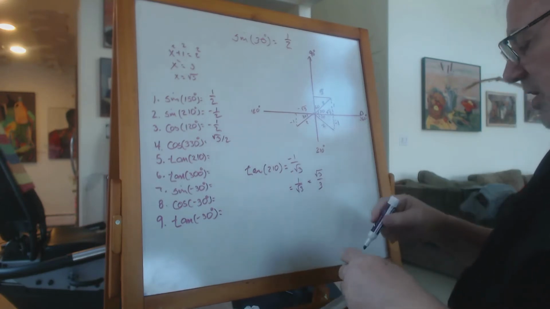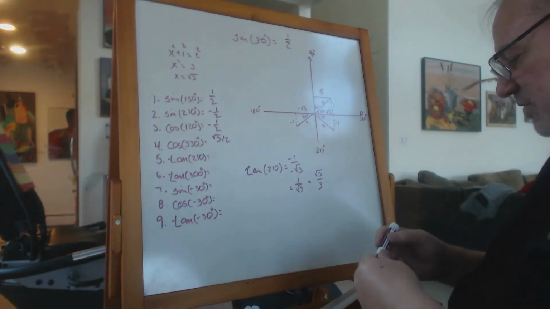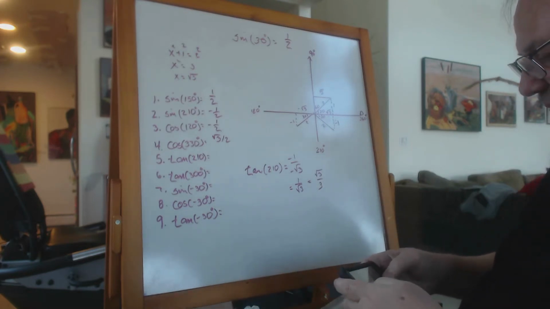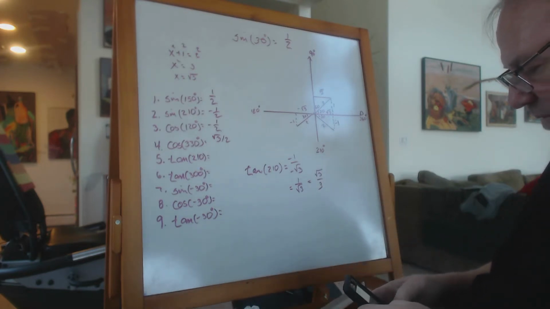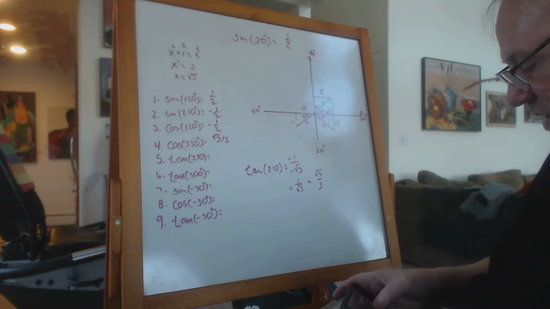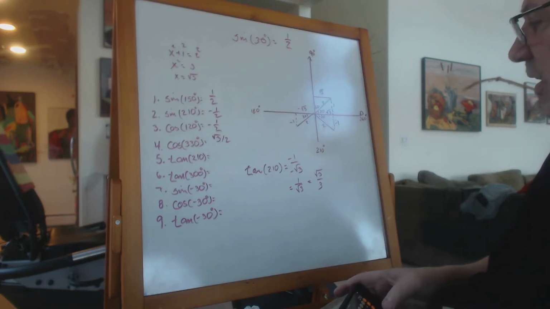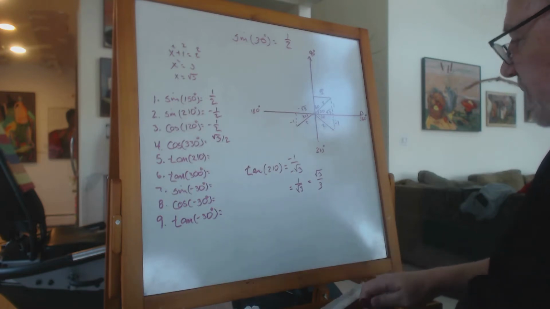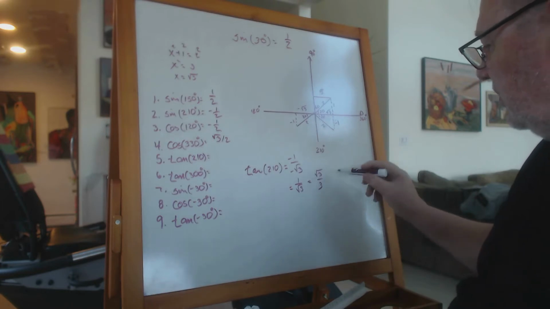And let's give that a check just to make sure. Okay, we've got 210, and we have tangent. That's 0.57735.